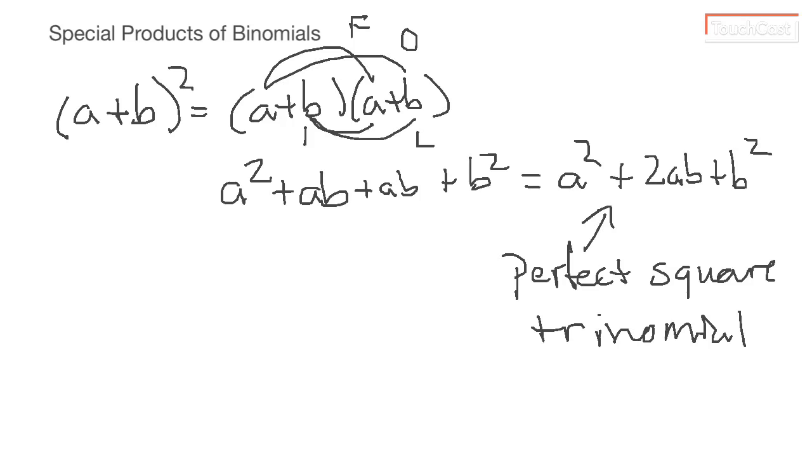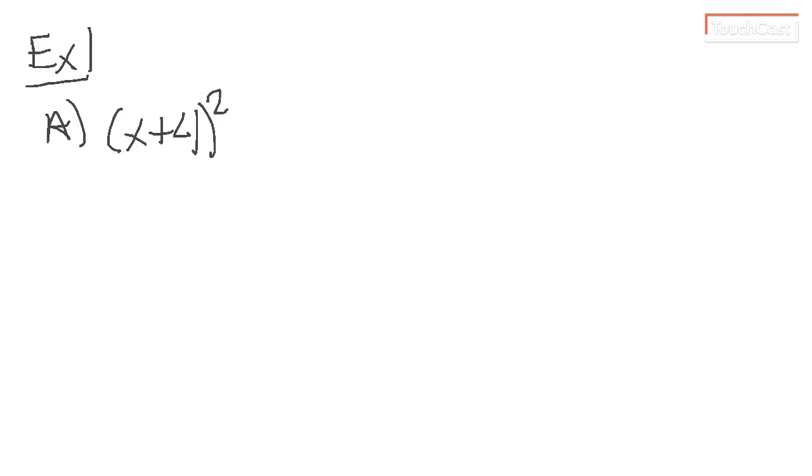So let's look at a couple examples. So we'll call this example 1a. We'll do, within example 1, I think at least 2 problems. So we're going to take x plus 4 and we're going to square it.